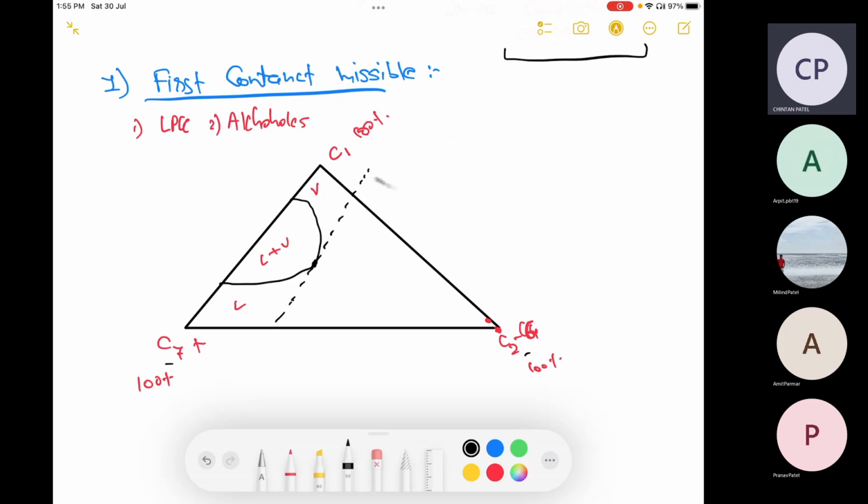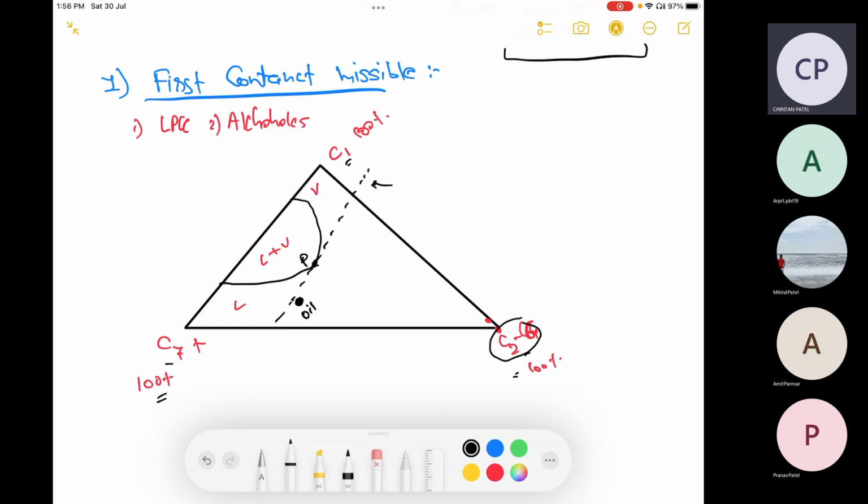Suppose this line is my critical line for now, because this point is the plait point. Suppose I have an oil in this zone; the black dot is my oil. Based on its composition, I can represent the oil as a dot inside this ternary diagram. Now if I'm injecting this component into my reservoir, how does it behave?